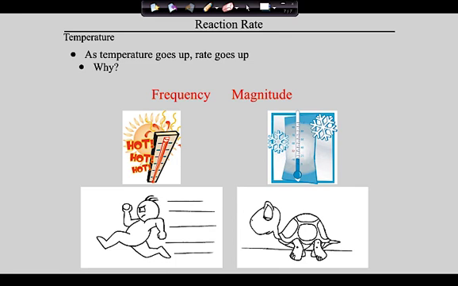And because they're moving faster, they hit more often, which is a question of frequency, and they hit harder, which is a question of magnitude. So when we heat up a reaction, the reaction goes faster. The reason is because the particles are hitting with higher frequency, more often, and higher magnitude, more energy. And because both of those go up, more collisions are effective and it forms products more quickly.